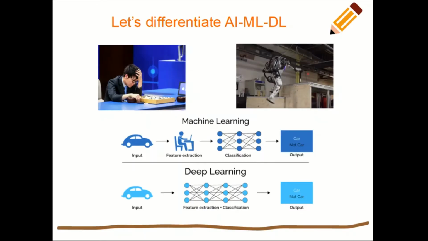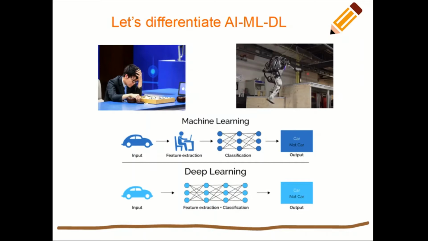So before we really get into the discussion of TensorFlow, let's quickly differentiate between AI, ML, and deep learning. You may have come across all these different terms, machine learning, deep learning, and artificial intelligence, many a times. So let's see what these mean and how these are different from each other.